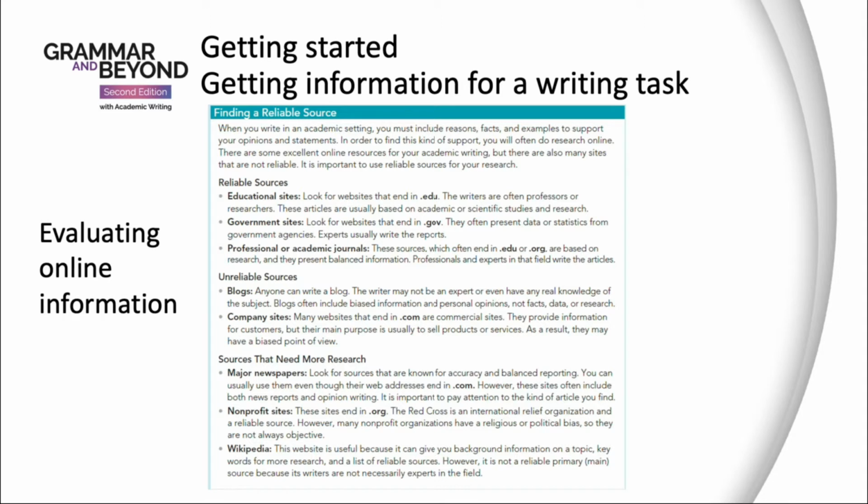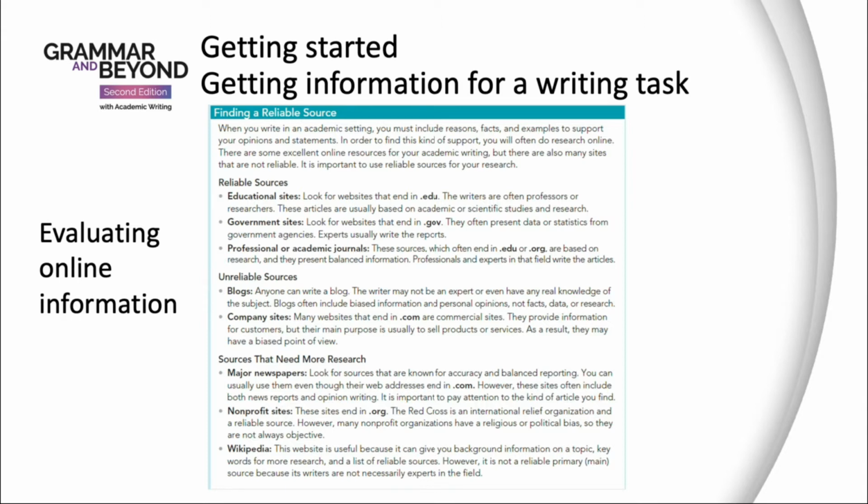So a good way to do this is to help students become aware of the suffixes of the websites. So suffixes like .edu, .gov, or .org can, if they're professional journals, can be very useful. Sites that are blogs, and most of these sites will be ending in .com, or company sites, may not be reliable. They might be pushing a certain point of view. Sources that need more research could include newspapers, nonprofit sites, and of course, the famous Wikipedia.